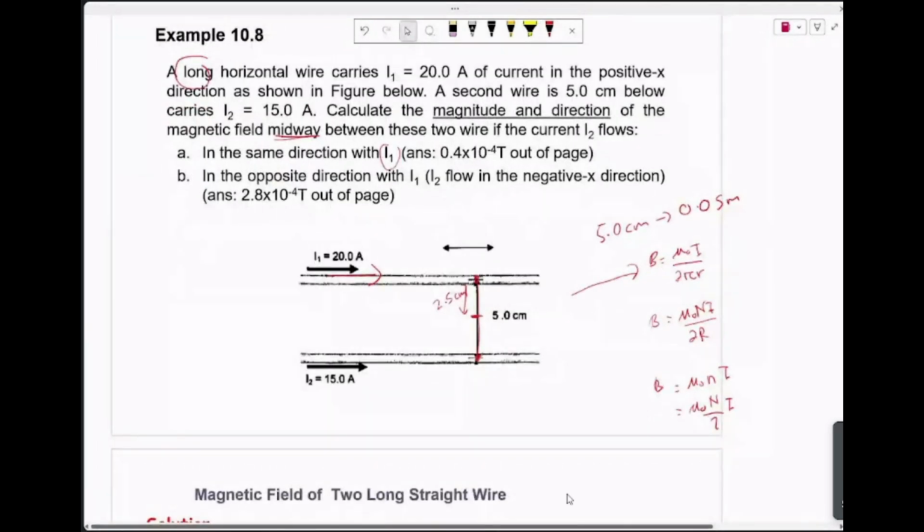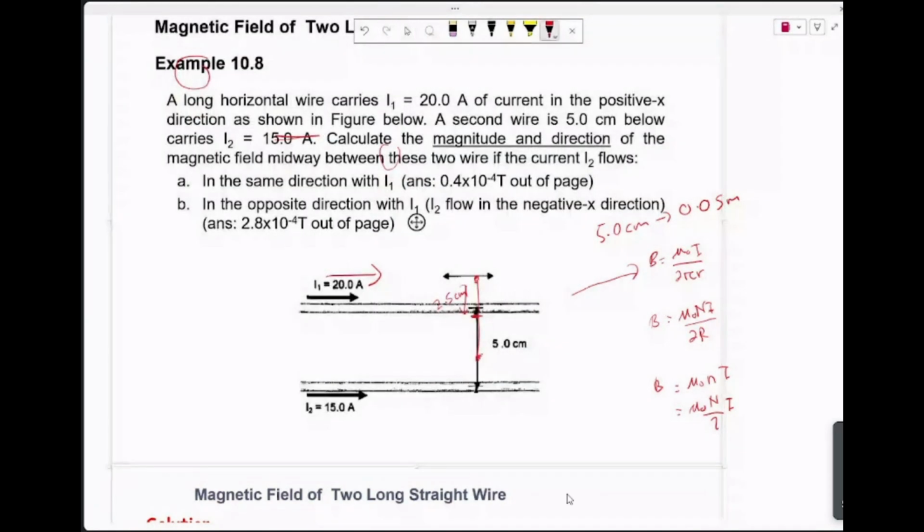First, you identify the equation, and second, try to make use of the information given here. Remember, read the question again. It asks you to calculate the magnitude and the direction of the magnetic field midway between the two wires if the current I2 flows in the same direction as I1.